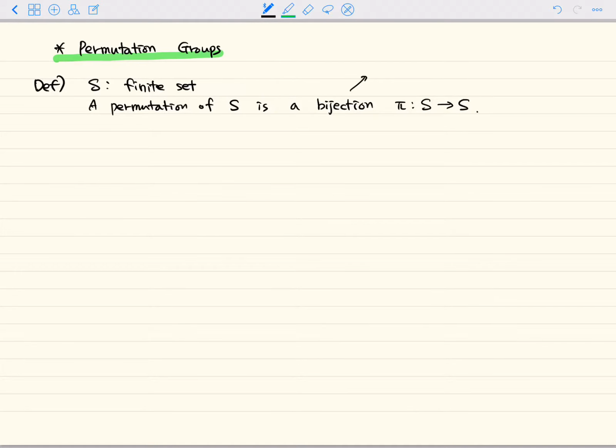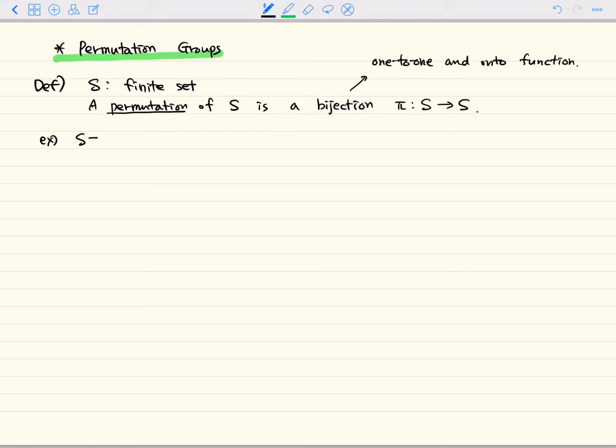Here, a bijection means a function that is one-to-one and onto. So one-to-one and onto function. That's what bijection means. So a permutation is just a one-to-one and onto function from this set to itself. So that's the definition of permutation.